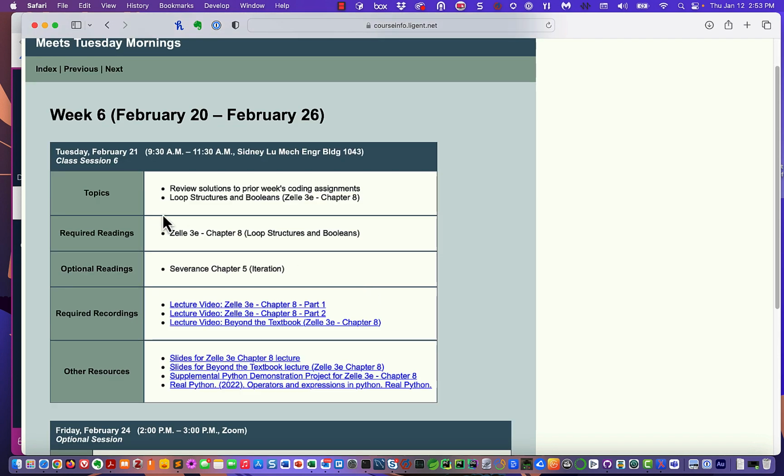In week 6, we're moving on to Zelle chapter 8. We're talking about loop structures and Booleans. Computers are very literal and unforgiving, but they're immensely fast. And one of the ways that they do things is that they do things over and over again in a loop.